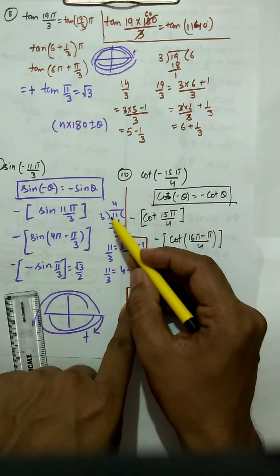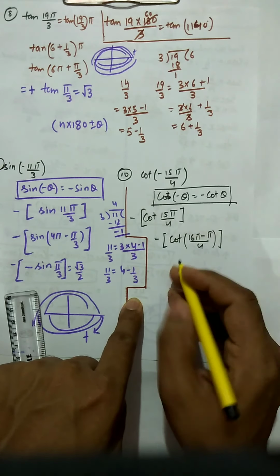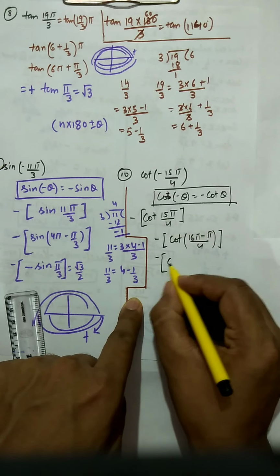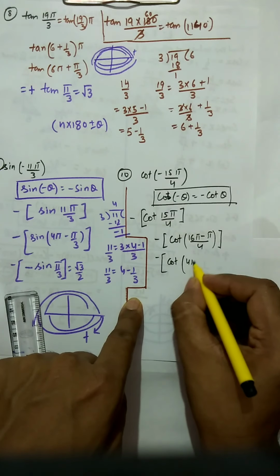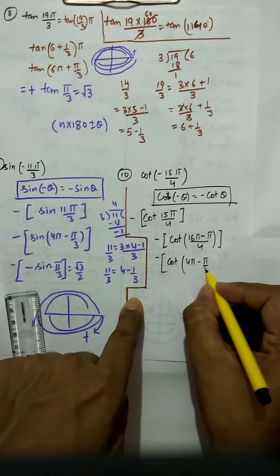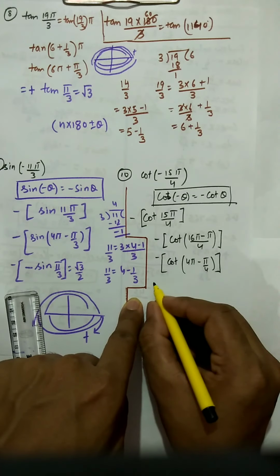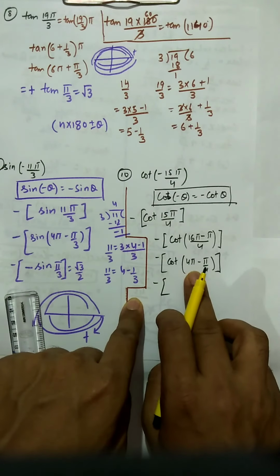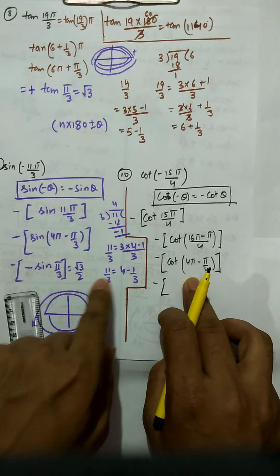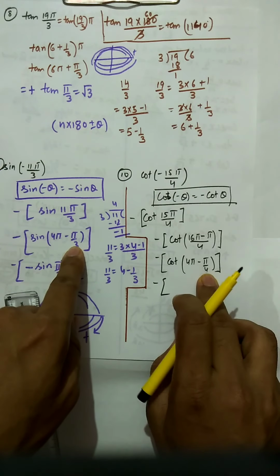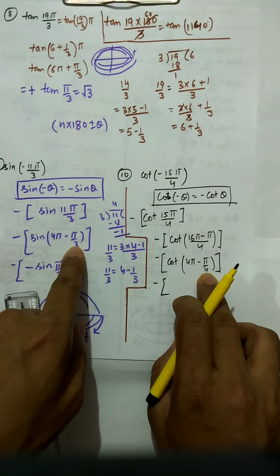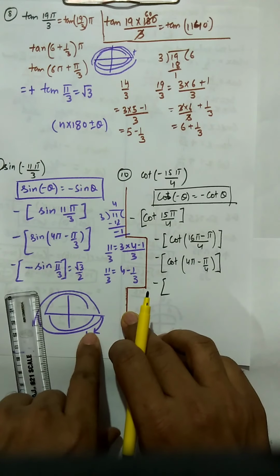So you follow that way that I did here. Now this is cot 16 pi by 4, which is 4 pi minus pi by 4. So now cot 4 pi minus, we did 4 pi earlier also, pi by 4 is 45, so this is an acute angle. So you are reaching your fourth quadrant.